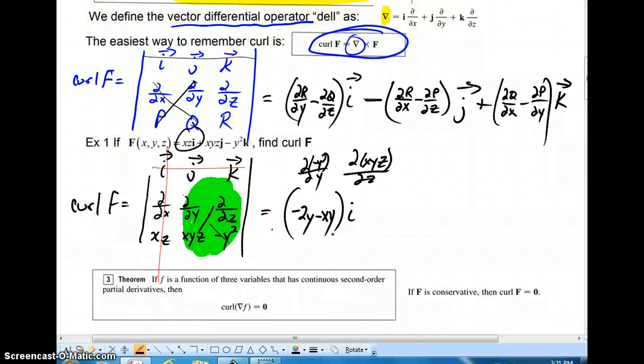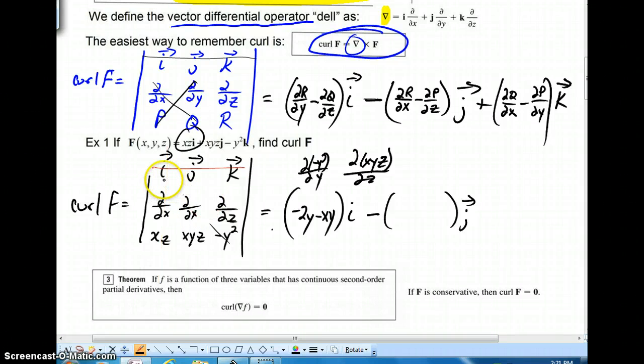So then what? Well, then we jump over here and we'd say, well, let's find out what's going to go in front of j. We could keep a negative out in front, and there are some authors that even do that, and that's perfectly fine. Let me even erase this out. We can say, well, let's just come right down here. We'd say, hey, what's our partial derivative of negative y squared with respect to x?